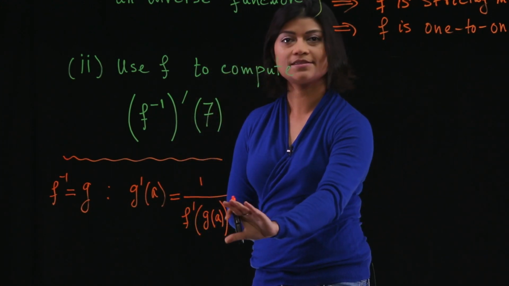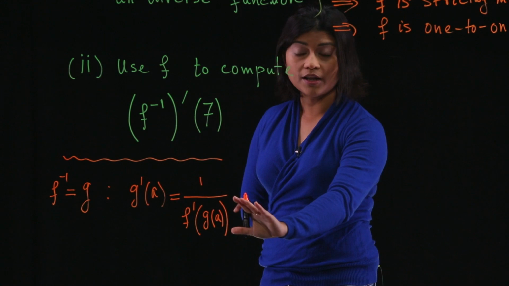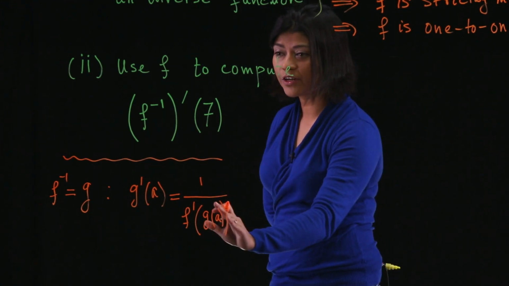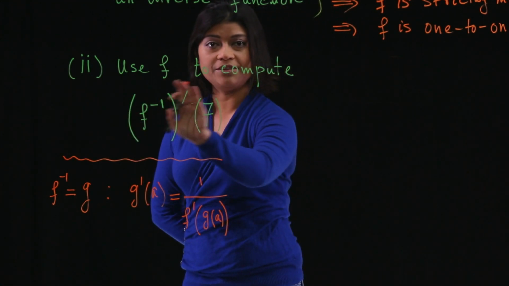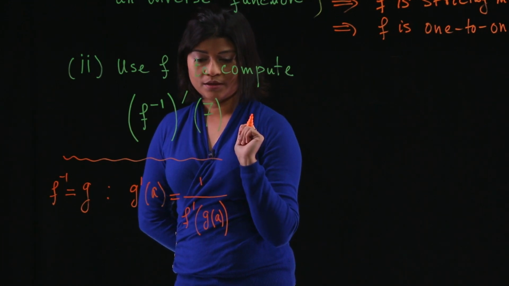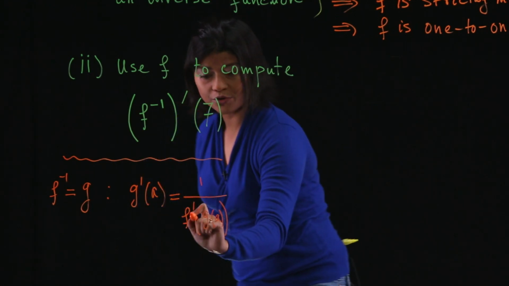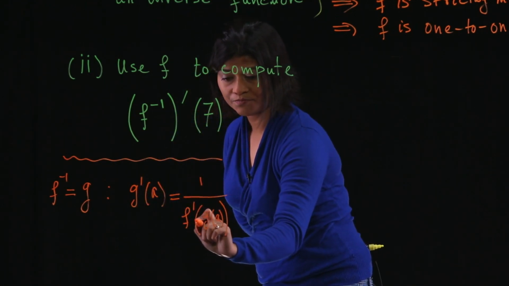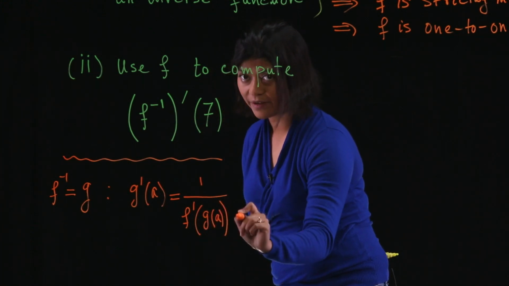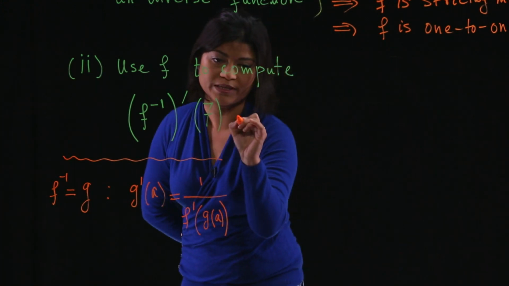Okay, so that is the formula, you can call it, that we can use to figure out our given value here. Note that we are going to use the derivative of f, and then we have to plug in g of a. So let's write that down here, what that means.